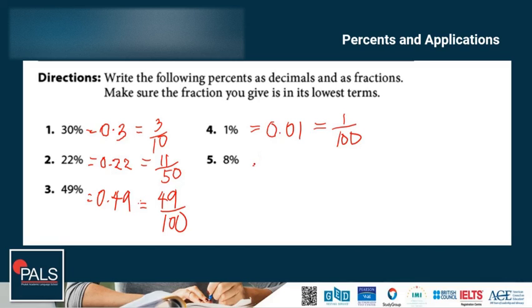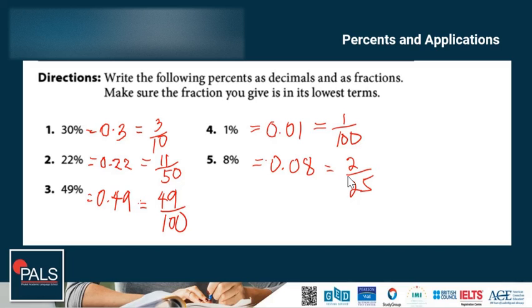Number 5, 8%. 8% is 0.08 as a decimal and 2/25 as a fraction in its lowest terms.